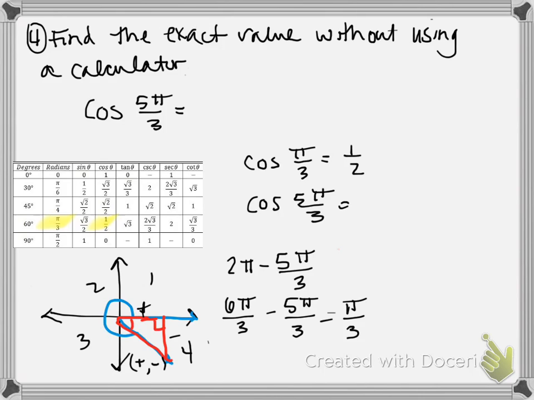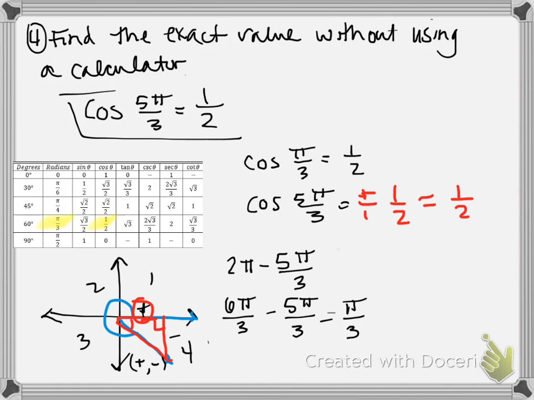It's positive and this is negative, and cosine is going to be adjacent over hypotenuse, so my adjacent is going to be my x value, which is going to be positive. Okay, so my answer is going to be positive. It's going to be a positive divided by the hypotenuse, which is just going to be 1. So positive divided by 1, that's going to be a positive answer. I get that cosine 5 pi over 3 is 1/2, which is the same thing I got before.